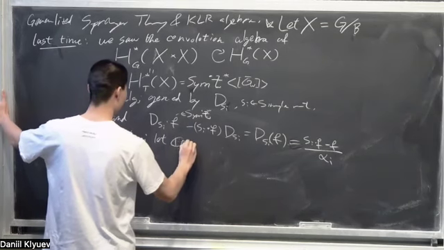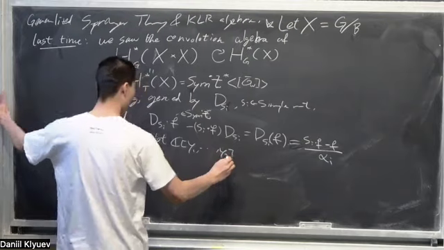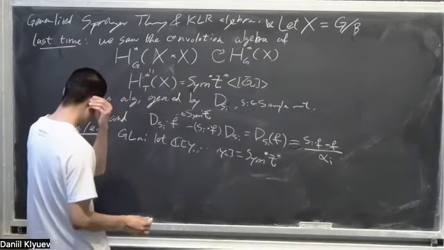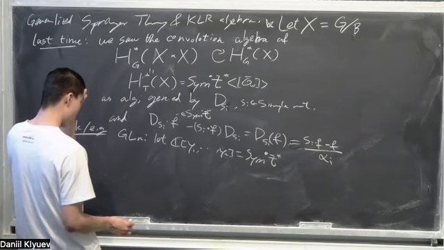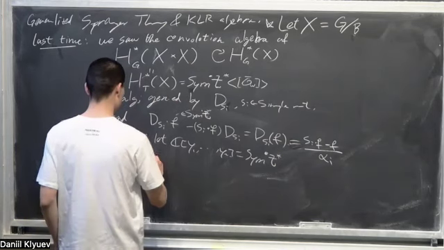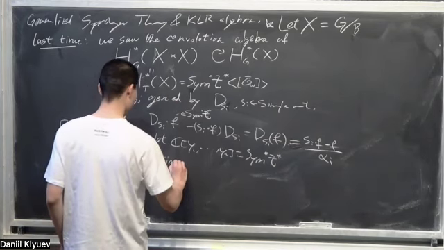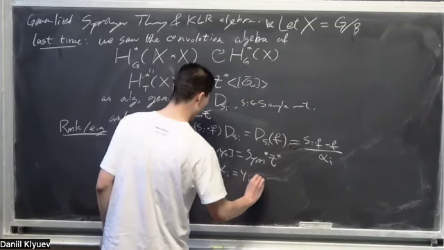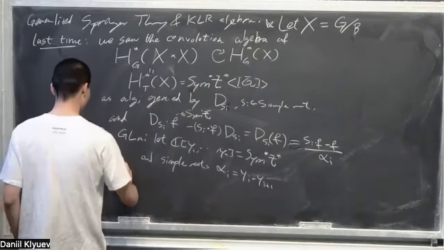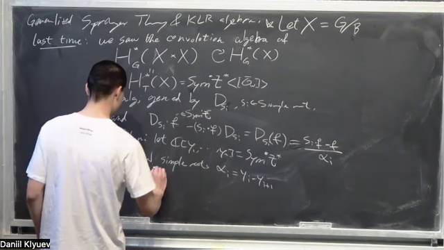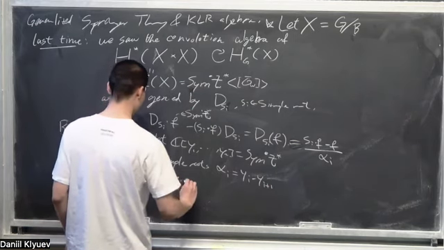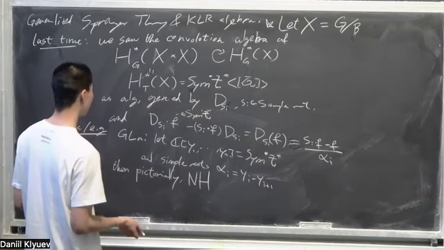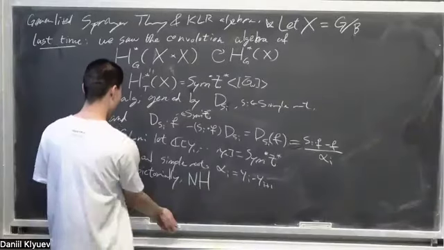If we let C[y_1, ..., y_n] be the integral roots, and have simple roots alpha_i being y_i minus y_{i+1}, then pictorially, the nil-Hecke algebra. I should start a new board.